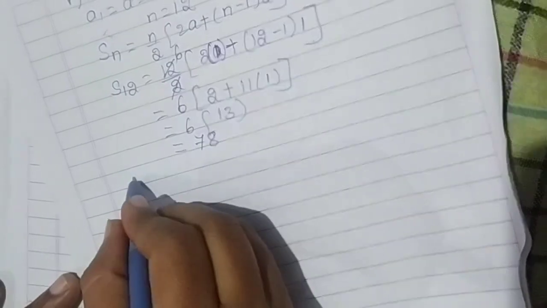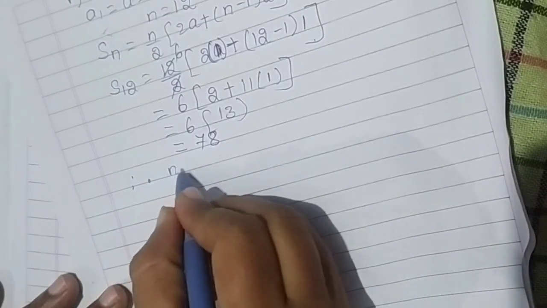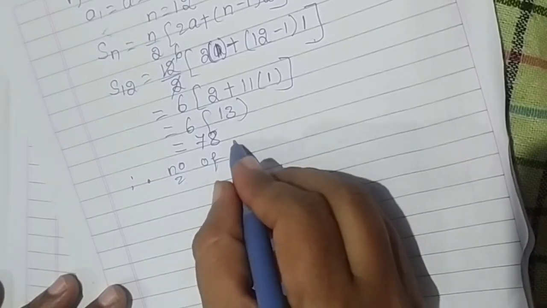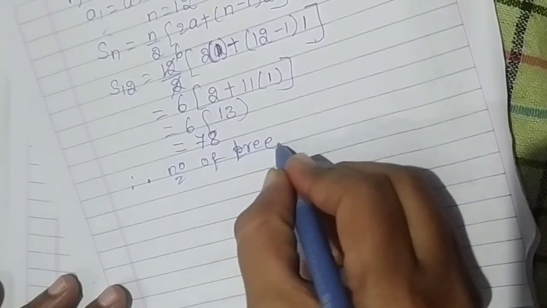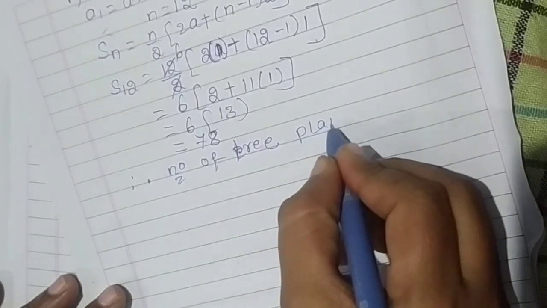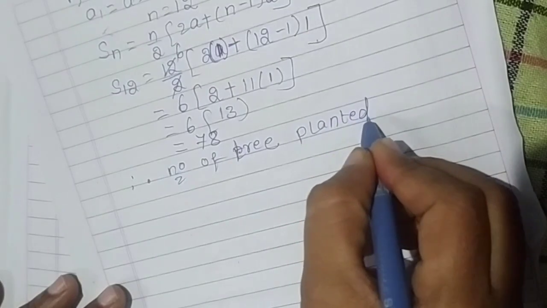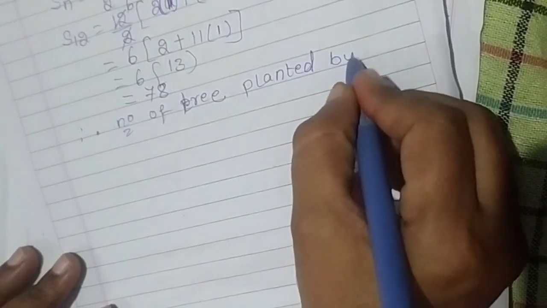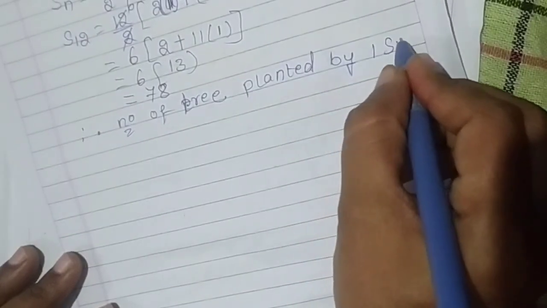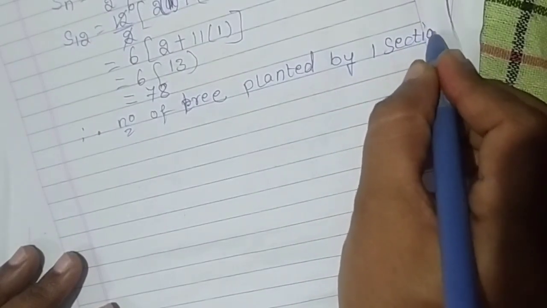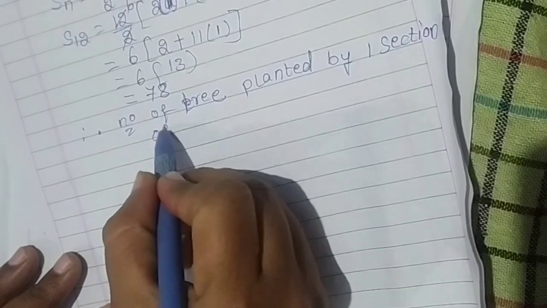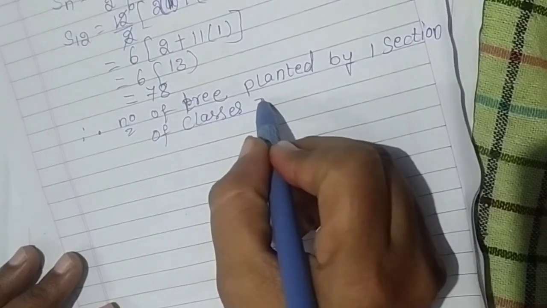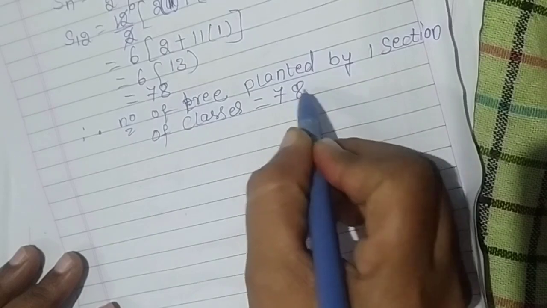Therefore, what we will write? Therefore, the number of trees planted by one section of all the classes is 78.